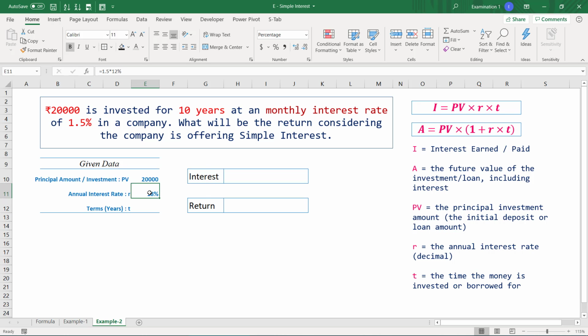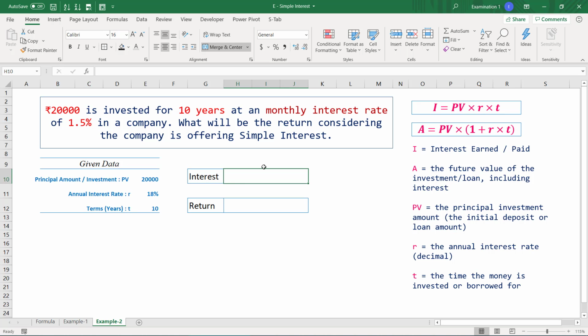Okay. So that means overall an 18% interest rate will be there annually because the monthly interest rate is 1.5% and the total time period is 10 years. Okay, and again it's very simple, and you can see that I'm keeping it positive so that I do not need to keep the minus sign here again.